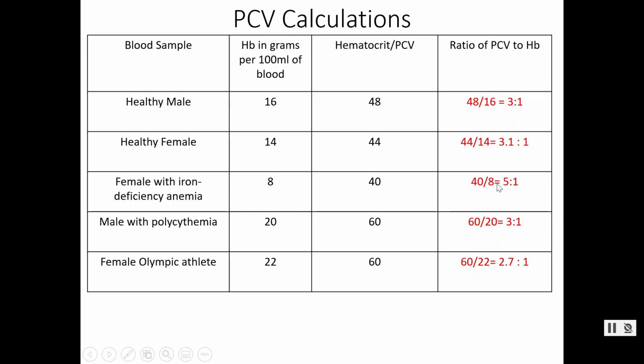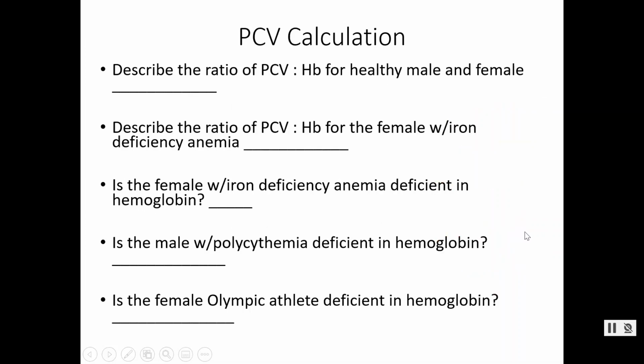The higher the ratio with this type of calculation is actually kind of a negative thing, while the lower the ratio here could be a better thing. Okay? And again, that 3 to 1 ratio is normal. All right, so we went through all these.